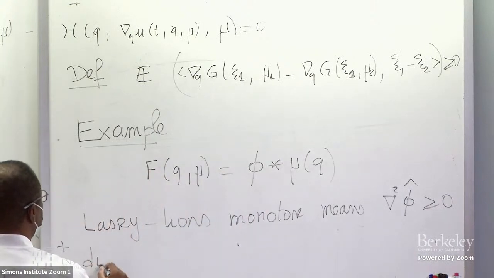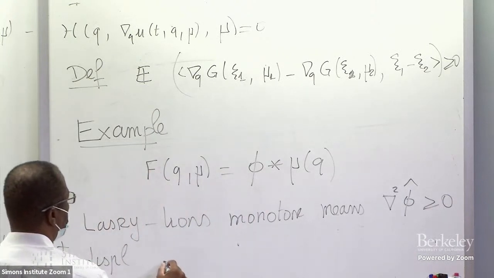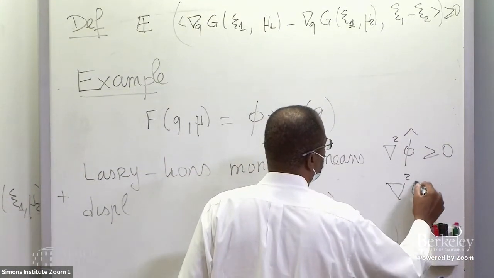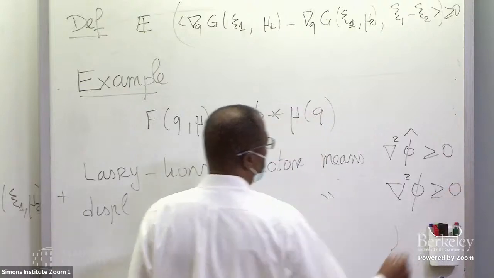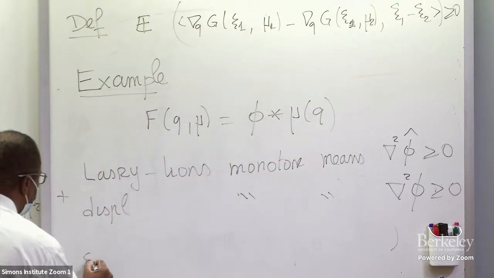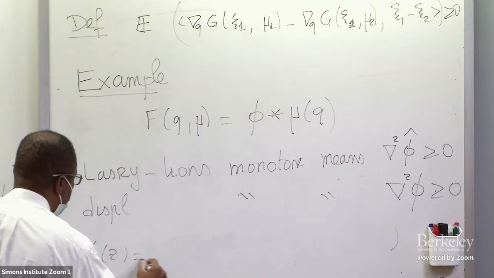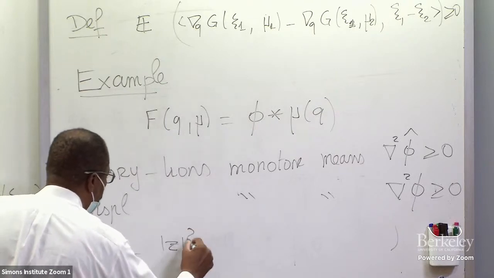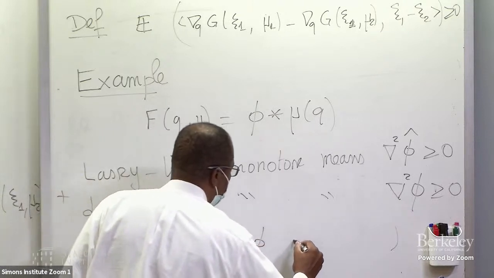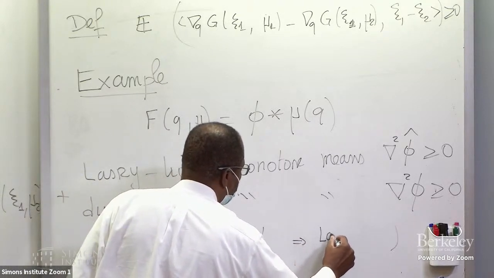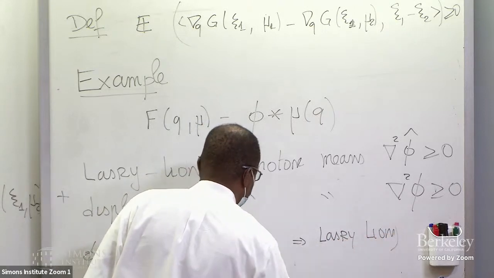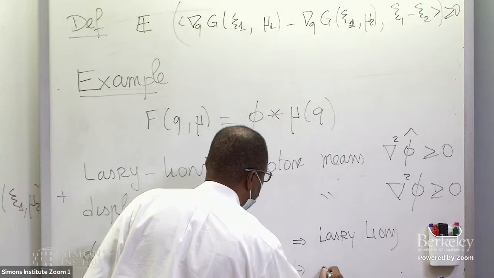And displacement monotone means a condition on the second derivative. So for instance, if you take φ of z equal to z squared over 2, negative φ is what gives Lasry-Lions, and φ is what gives displacement monotone.